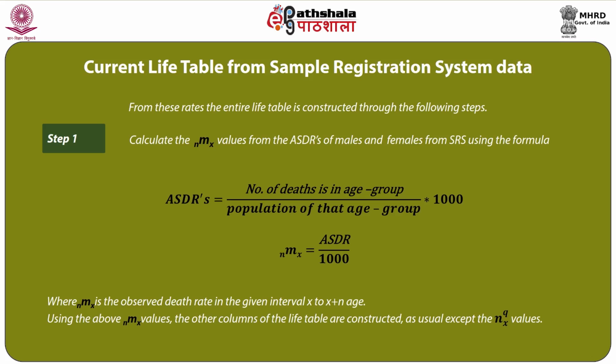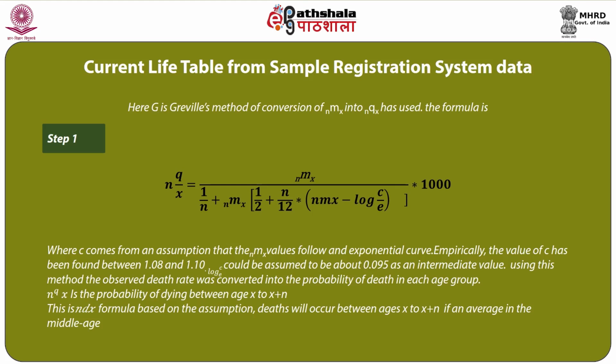Using the above NMX values, the other columns of the life table are constructed as usual except the NQX values. Here, Greville's method of conversion of NMX into NQX is used.